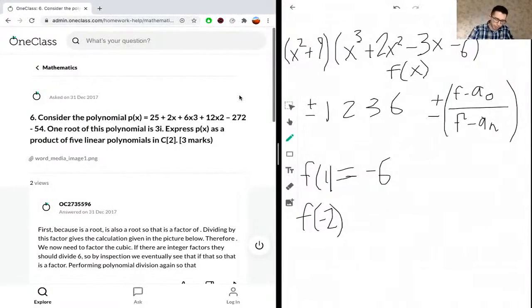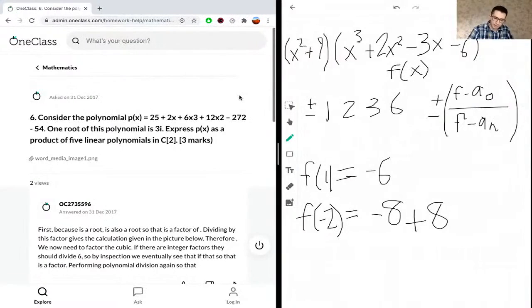So if we substitute in -2, -2 cubed is just -8. Then 2 times -2 squared: -2 squared is +4, times 2 will give us +8. Whenever we cube a negative number, we'll get a negative number, but if we square a negative number, we'll get a positive number.